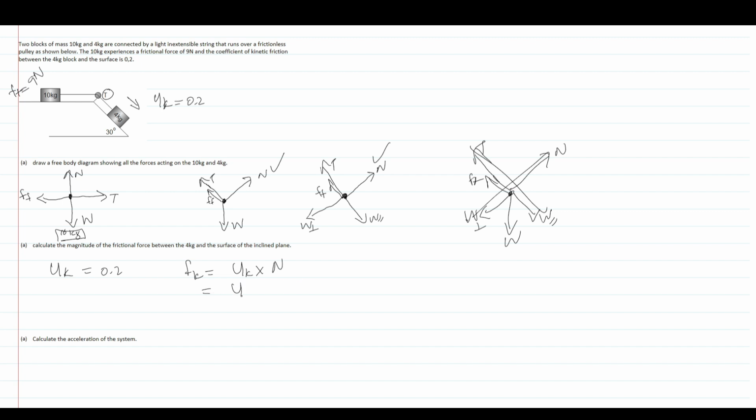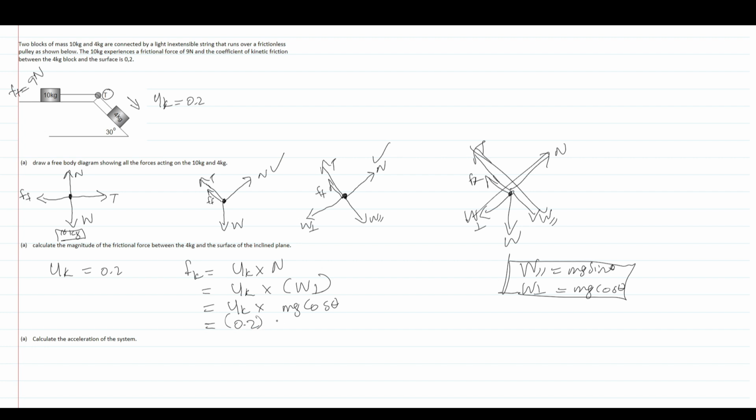So for the 4 kg block, the normal force is equal to the perpendicular component of the weight, which is equal to mg cos theta. So W parallel is equal to mg sine theta, and the perpendicular component is equal to mg cos theta. There's a whole mathematical reasoning towards this, but it's important to remember these formulas because they're not given in exams.